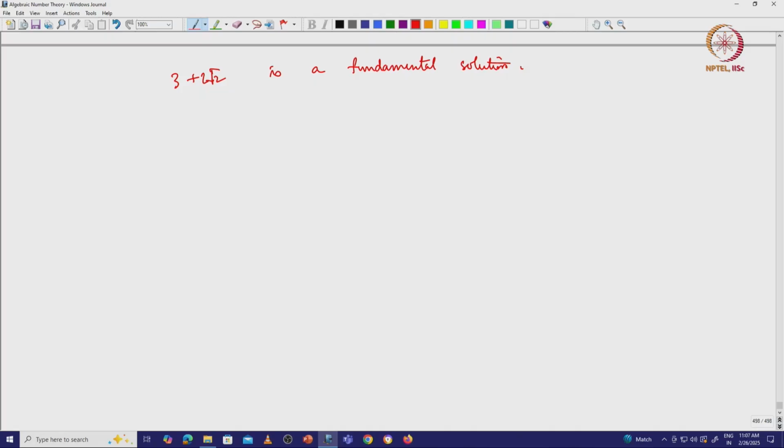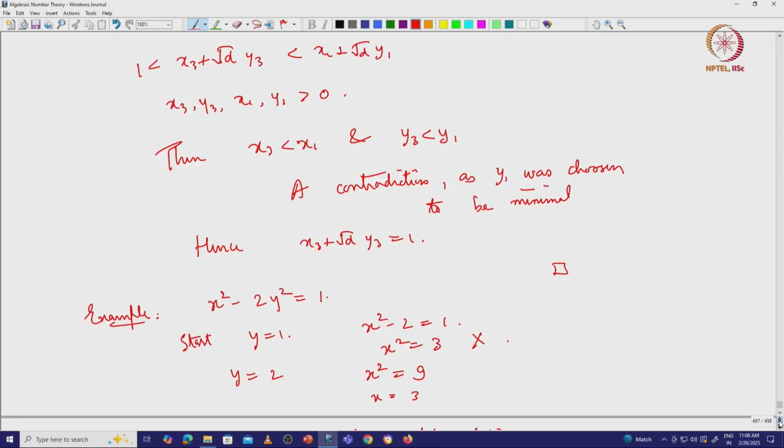All right. So, let us do some more examples. Just give me a second. Sorry. So, let me go back to the proof here, and I think this is not automatic. This x3, y3 part is not automatic.